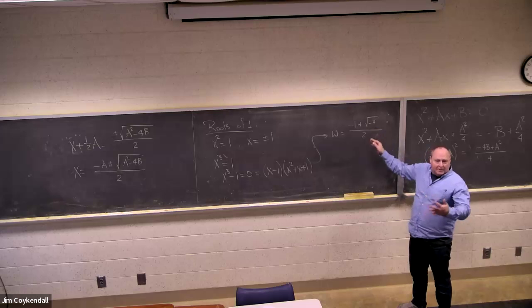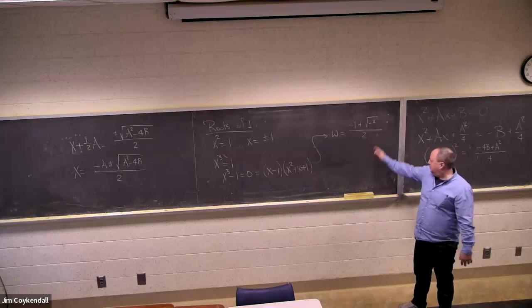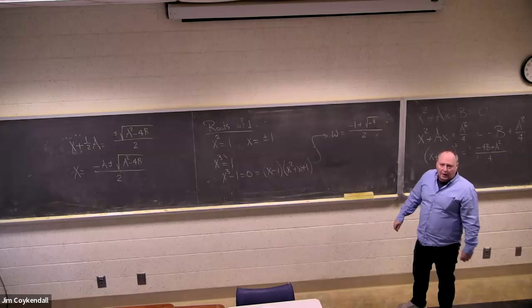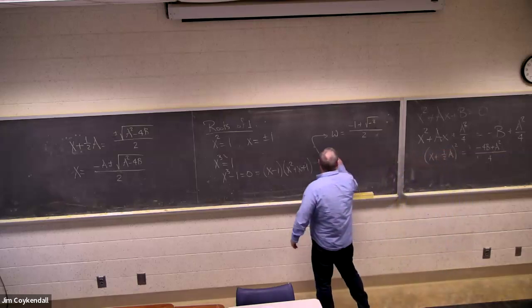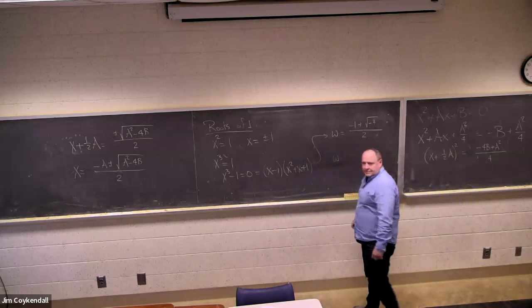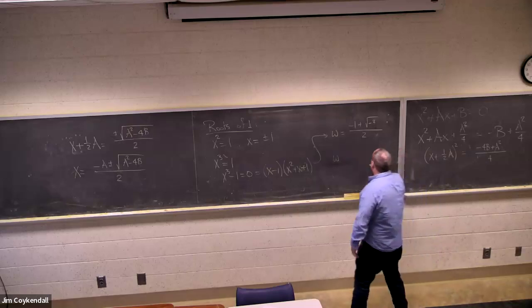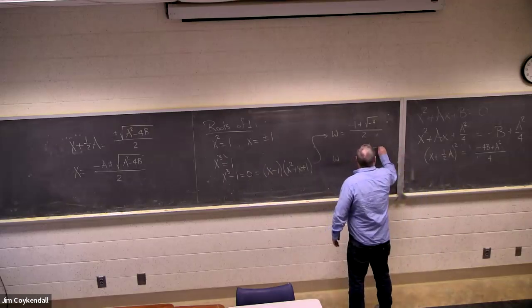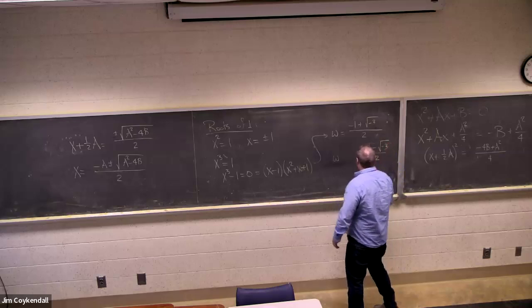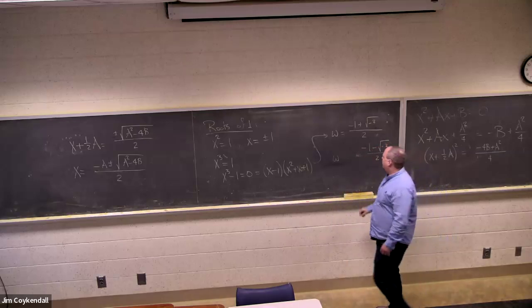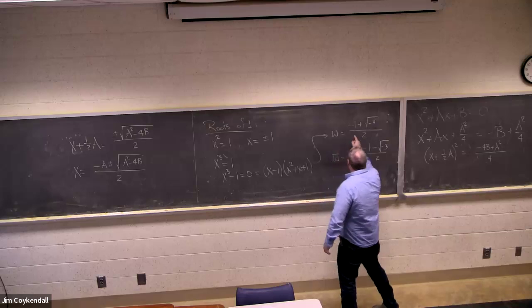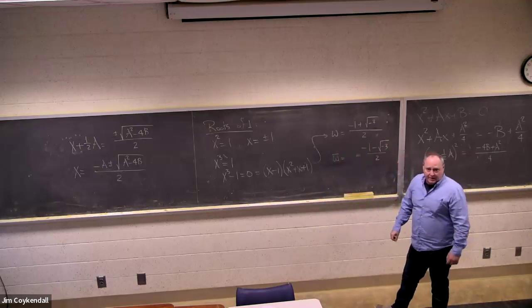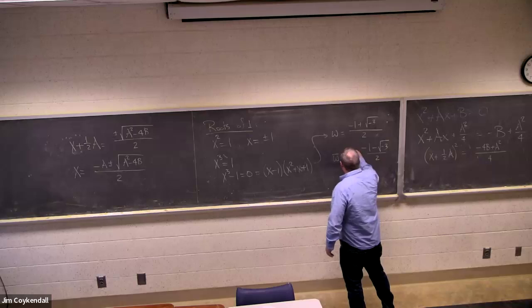If you actually go through and multiply this out, cube it, you will get 1. And what's the other solution? Well, this is actually the complex conjugate of the first, right? It's also the square of the first.